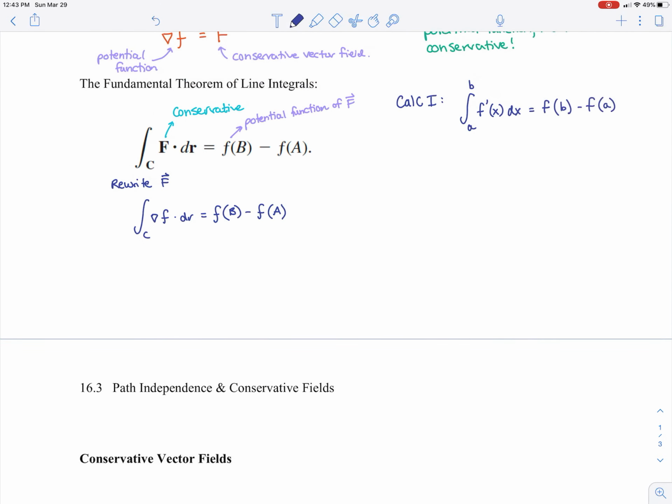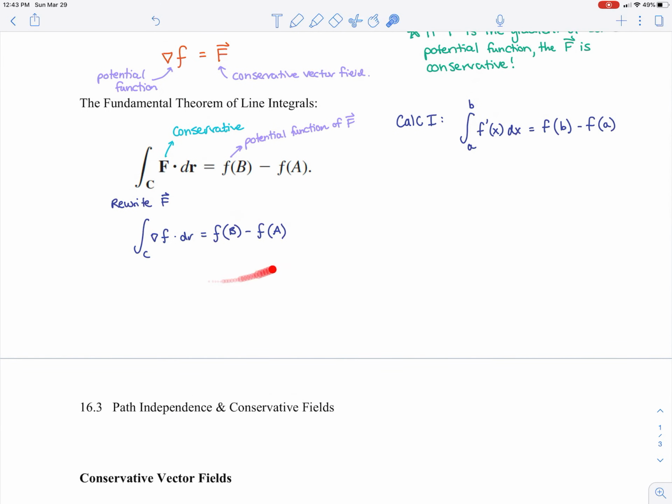If you think of the gradient as the multivariable version of the derivative, because it's the derivative in every direction attached to a component, then the integral of the derivative is just equal to the difference of the function at the endpoints. Same thing here: the integral of the gradient of the function is equal to the difference of the function evaluated at the beginning and endpoints.